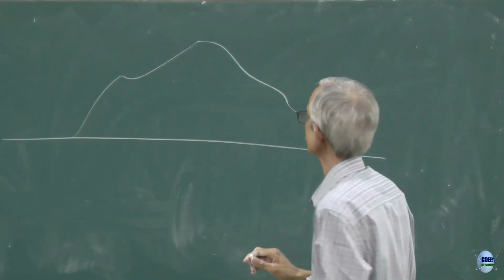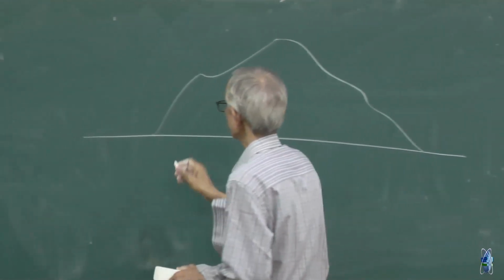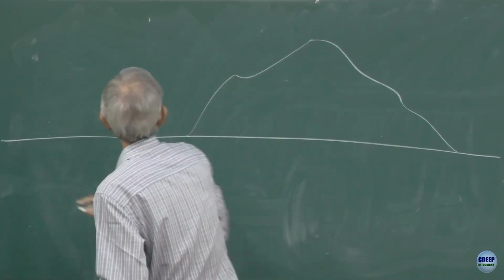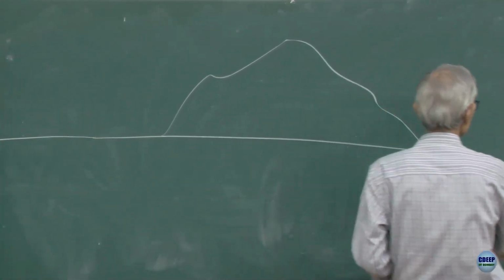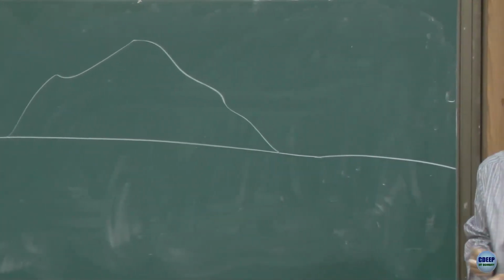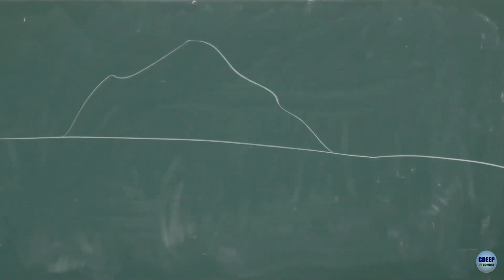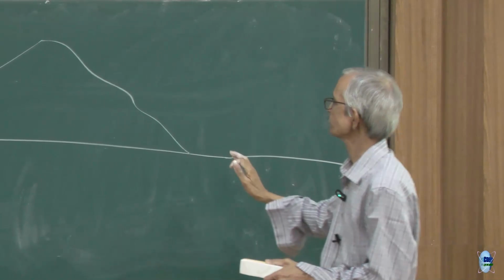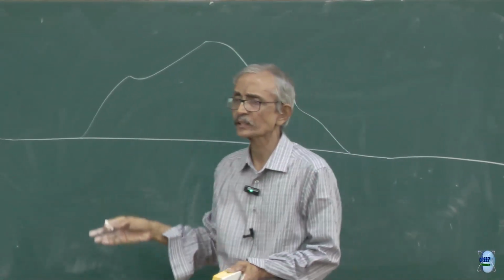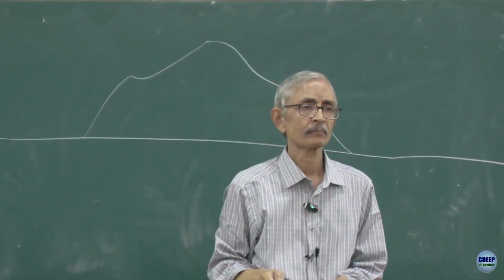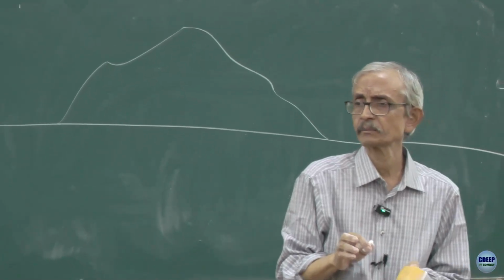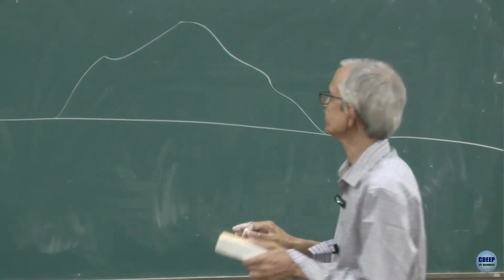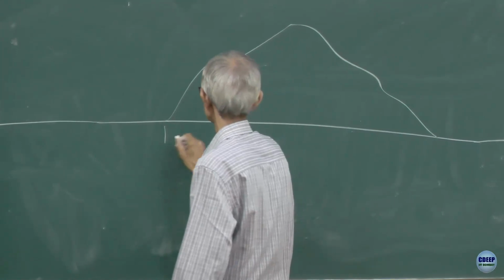So first, let us say that I've got a function like this, and how do I represent this function as a Fourier series? This does not look like a periodic function, but I would like to force it to become a periodic function. I'm only interested in this region here.